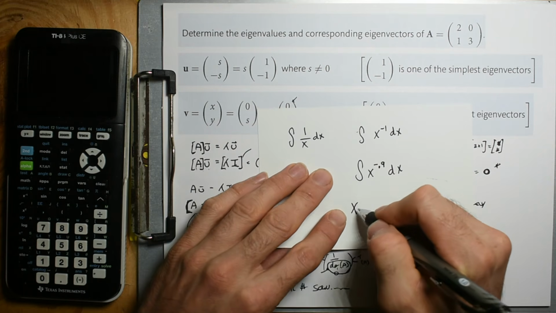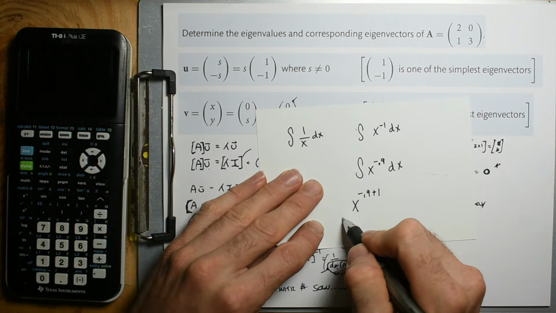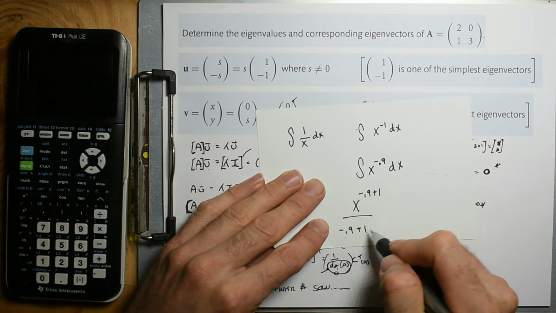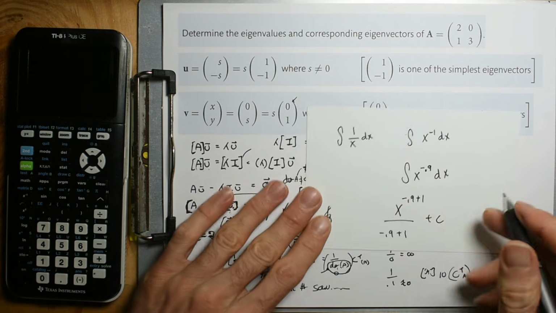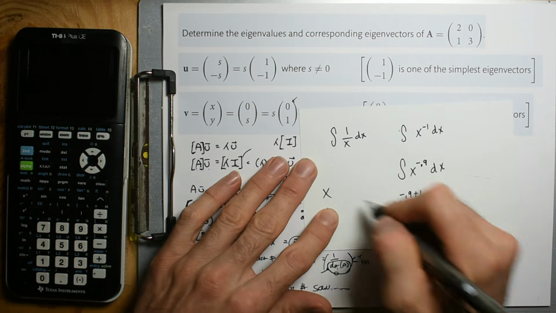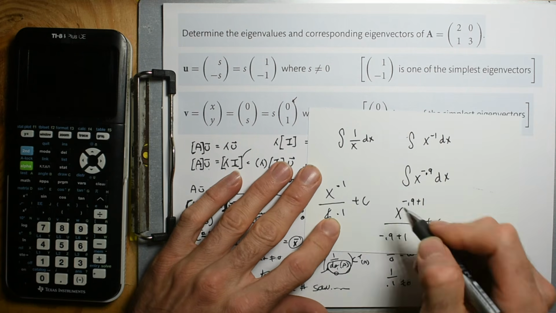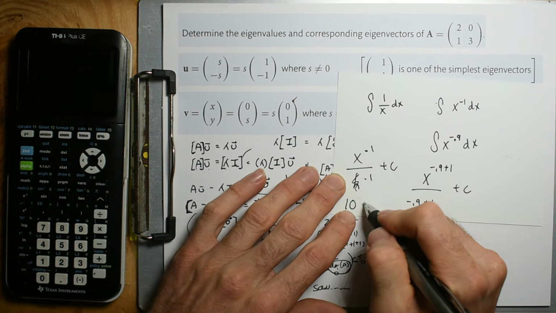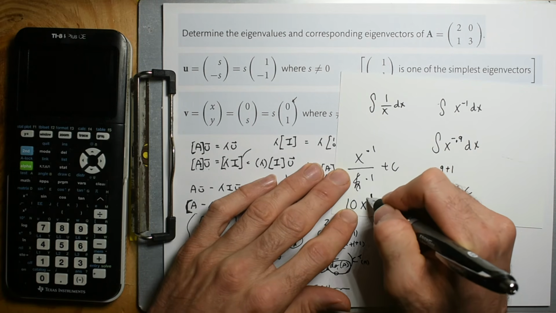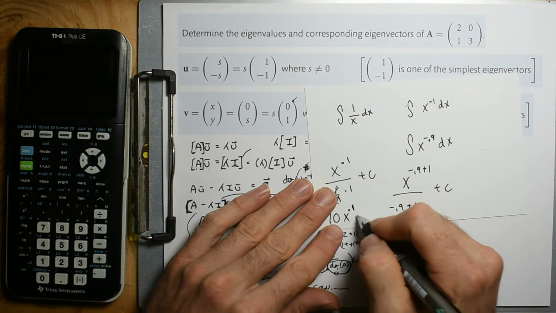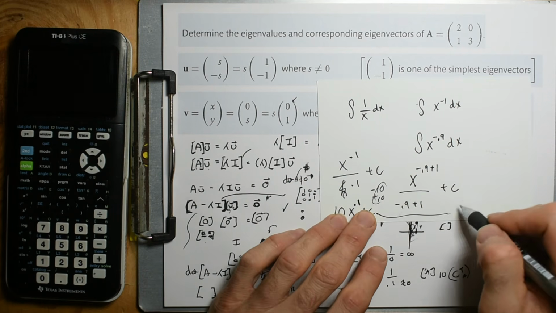Now the integral is going to be x to the negative 0.9 plus 1 divided by negative 0.9 plus 1 plus a constant. So we have x to the 0.1 divided by 0.1 plus c. Now we're going to have a 10 here, so we have 10x to the 0.1 power plus c. And I think c here has to be like a negative 10 to make it work. But that is the natural log.